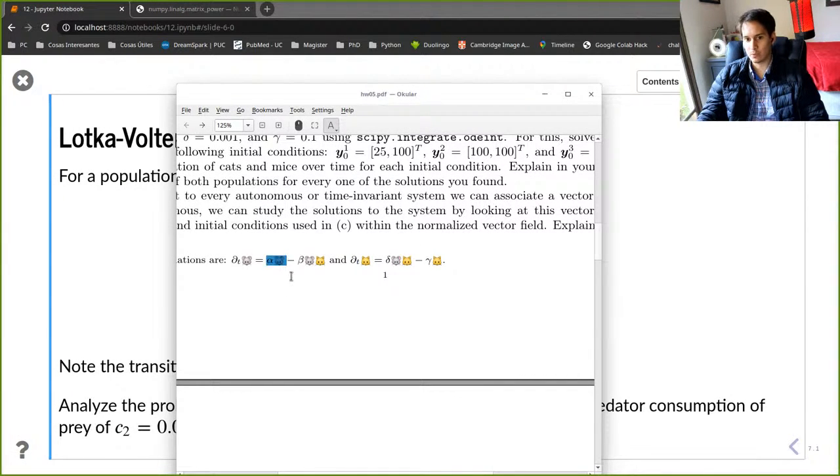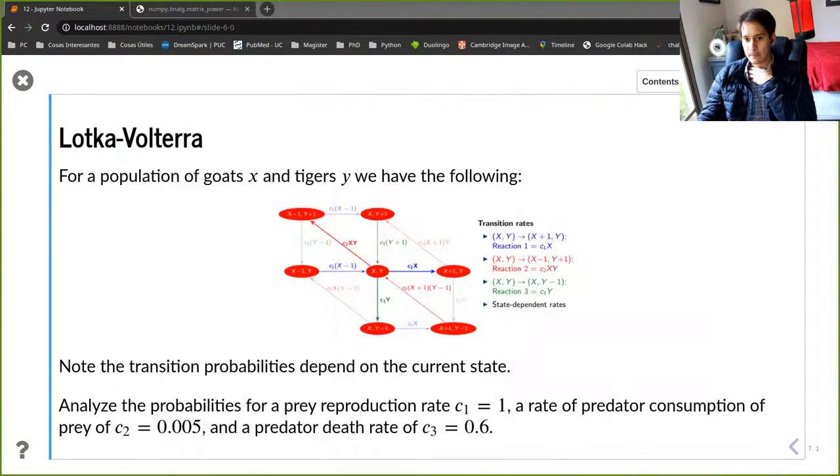One that is related with the reproduction of the prey. Another one that is related with the predator eating the prey. And the death of the predator. And how can we model that? By these 3 terms in these 3 colors.